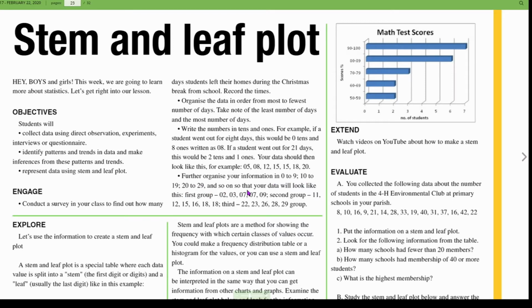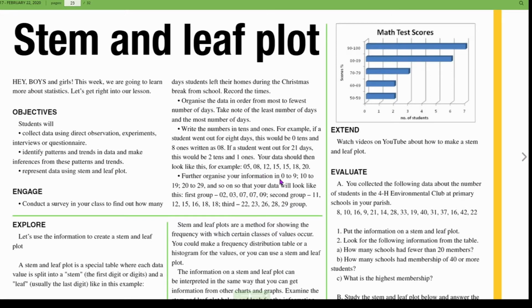It says further organize your information in 0 to 9, 10 to 19, 20 to 29, and so on, so that your data will look like this. The first group: 2, 3, 7, 7, 9, and the second group would have 11, 12, 15, 16, 18, 18, and the third group 22, 23, 26, 28, 29. So we're arranging them now.